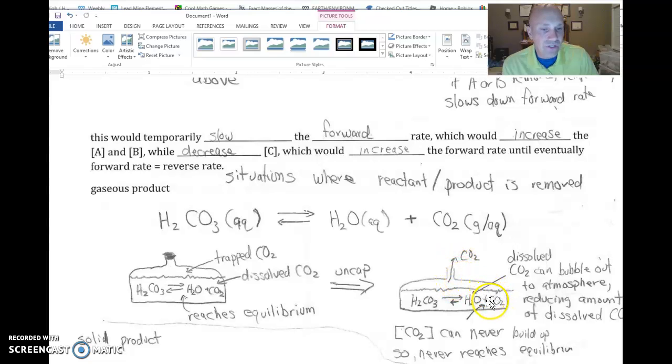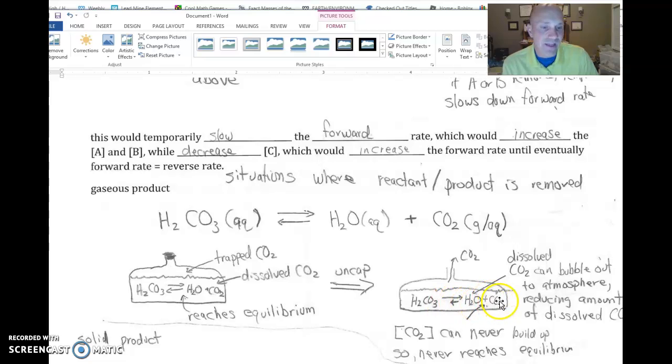So essentially all that dissolved carbon dioxide, which was required for this equilibrium to exist, is now free to leave. This is a classic example of how a product, one of these things, is going to be removed from the equilibrium.